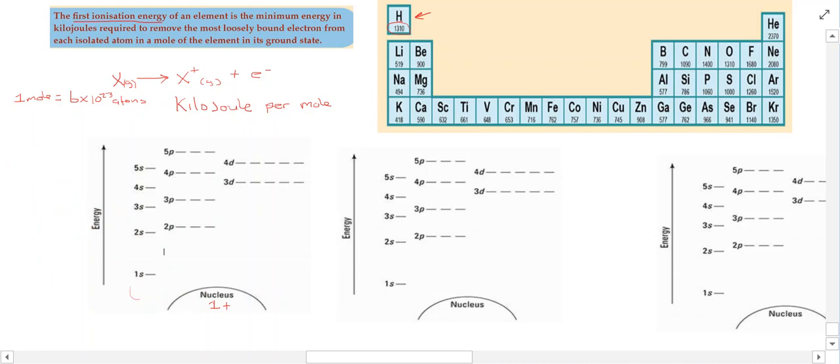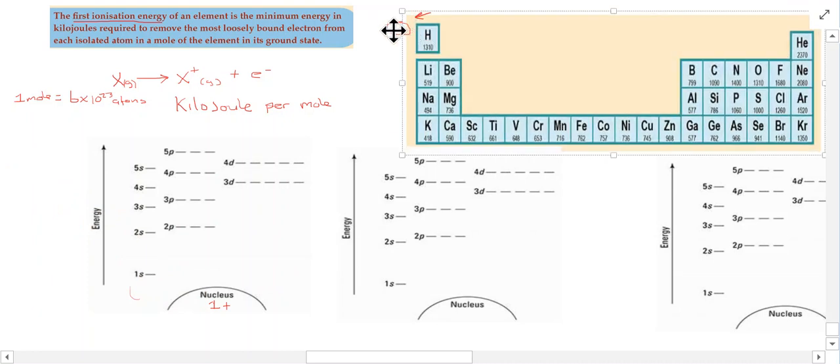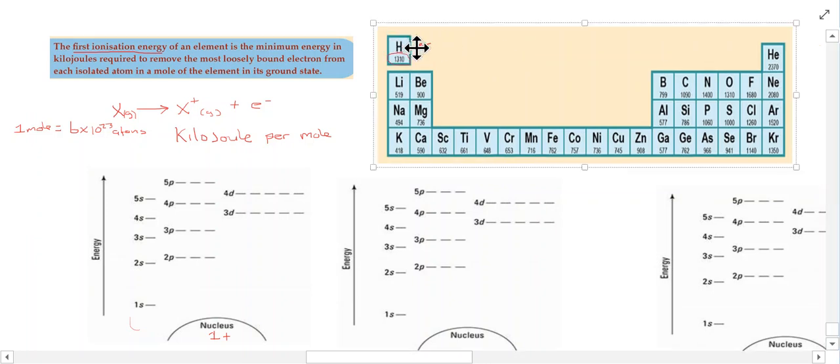Now if we have a look at this table here and look at some of the trends, what we can see is that generally as we move across the periodic table, from left to right, the ionization energy generally increases.